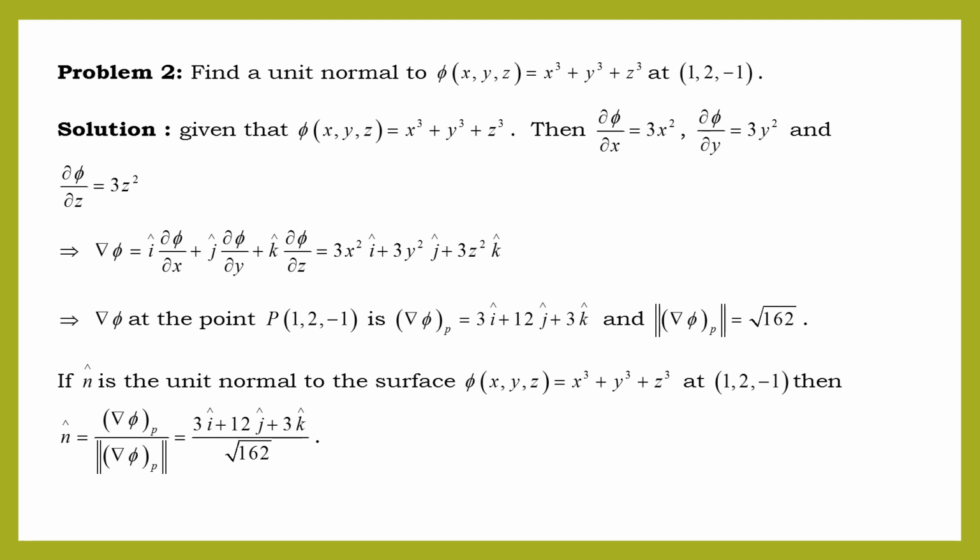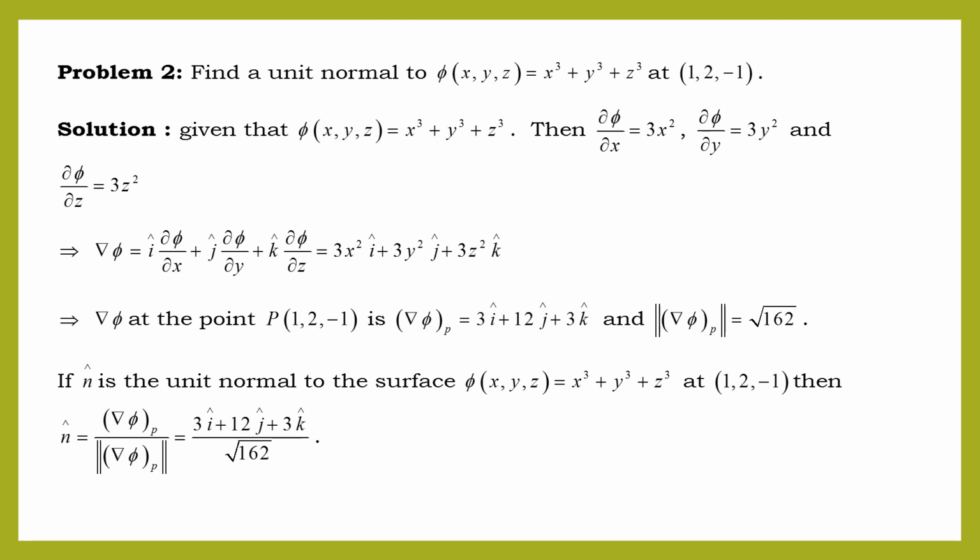But we want the unit normal. Unit normal means what? The length of the normal must be 1. Length means norm. So we have to find the norm of del phi at the given point.